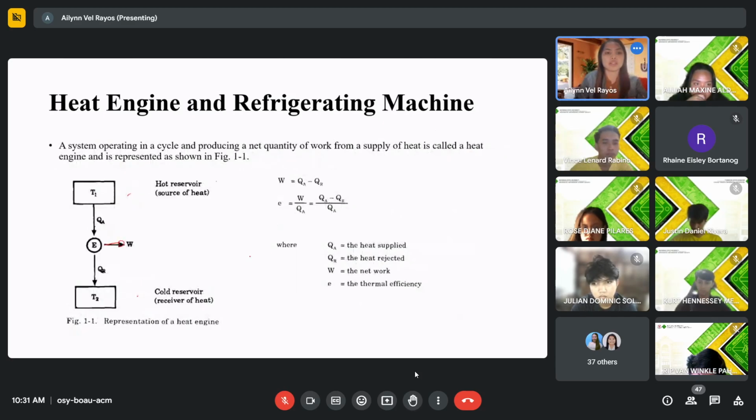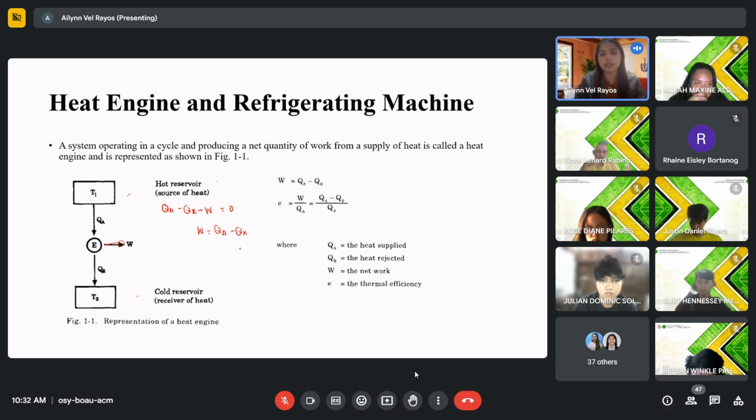In this one, when we have an energy balance on our heat engine, papasok positive, palabas negative. So QA papasok minus QR minus work equals 0. To get the work, lipat lang natin sa kabila, therefore work equals QA minus QR.